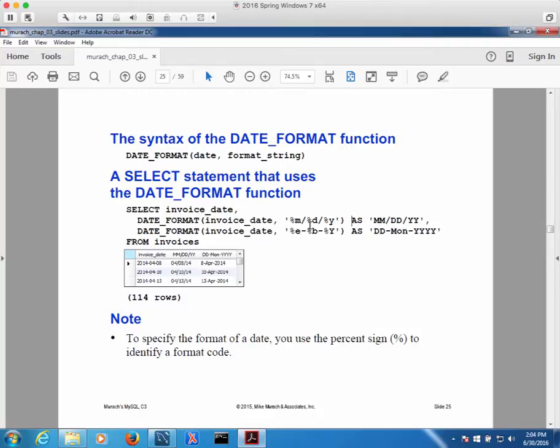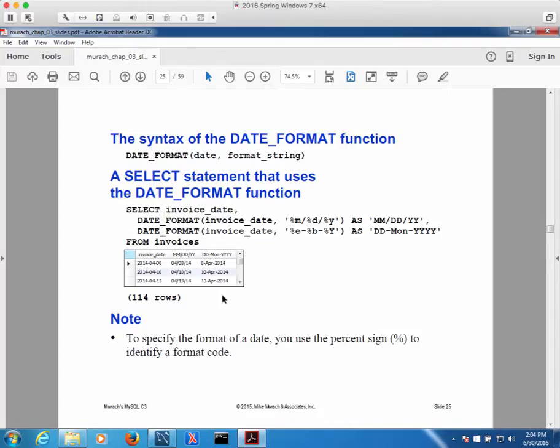Percent small m slash percent small d slash percent small y is going to give us month, month, day, day, year, year, separated by slashes. Percent e hyphen percent b hyphen percent capital Y is going to give us DD hyphen mon hyphen YYYY, as you can see here.